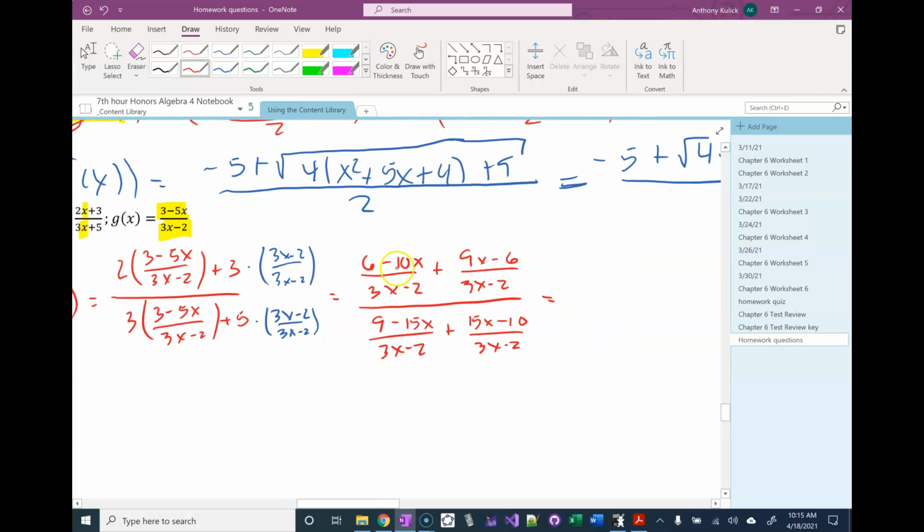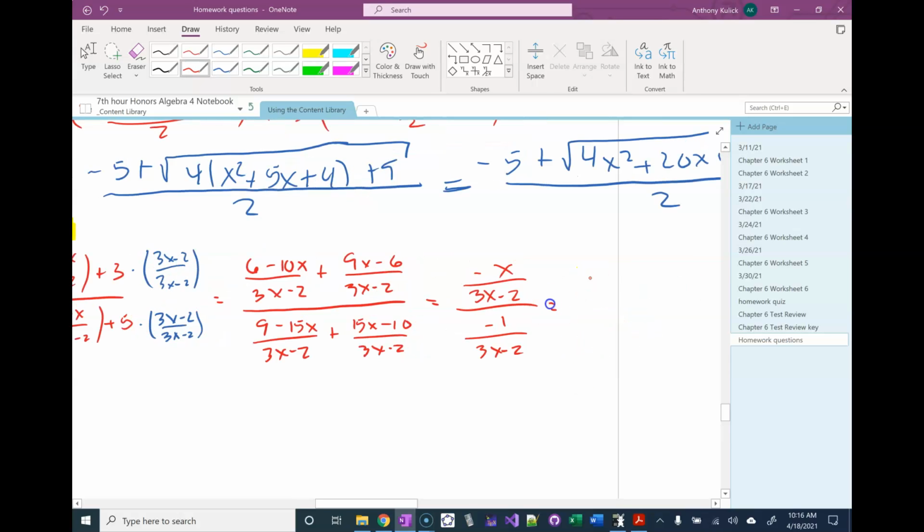And if we combine like terms, so positive 6 and negative 6 is 0, negative 10x and positive 9x is negative x, over 3x minus 2. In the denominator, I have negative 15x and positive 15x, so that's 0. And 9 minus 10 is negative 1.